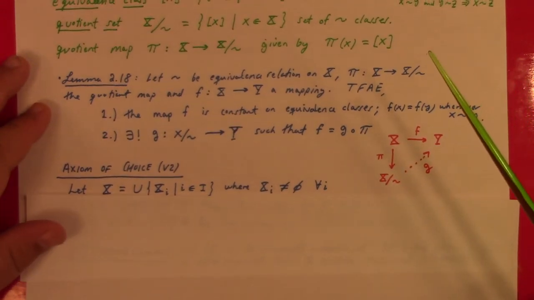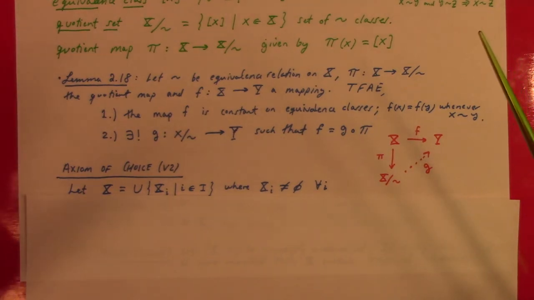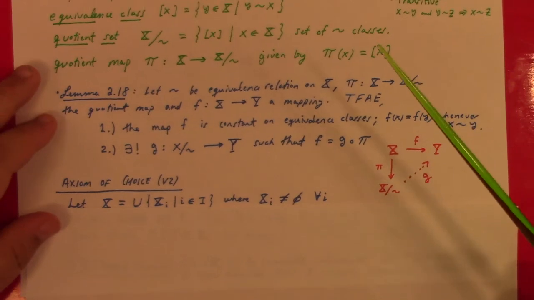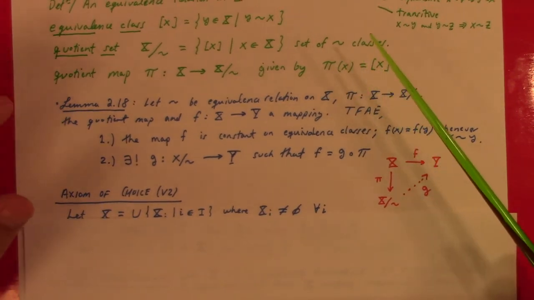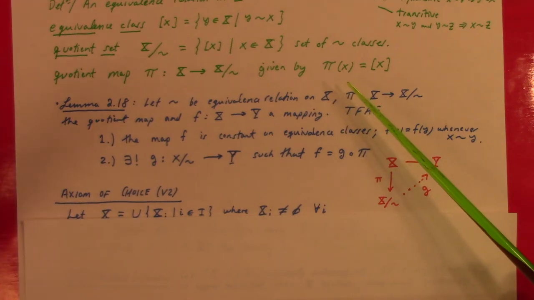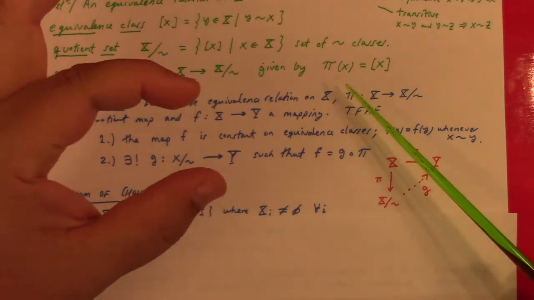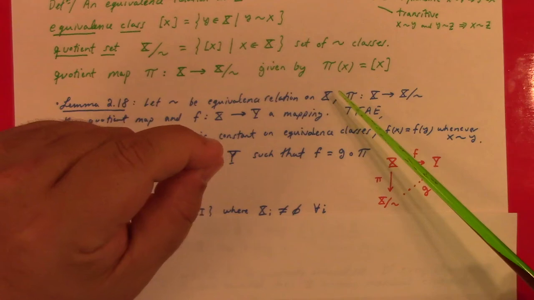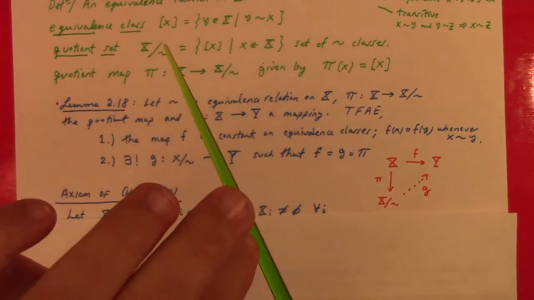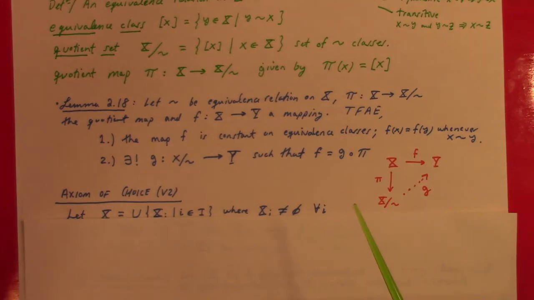Because if you think of everything in each fiber as a particular point, that's the idea of the quotient set, right? It makes the whole equivalence class into a point. It squishes all the equivalent points into just one point in the quotient set. If you do that, that's kind of the same thing as just cutting through the set of fibers and picking one point out of each.